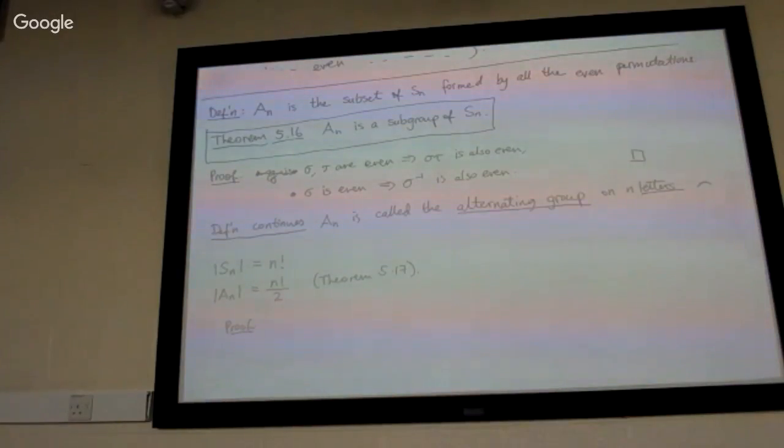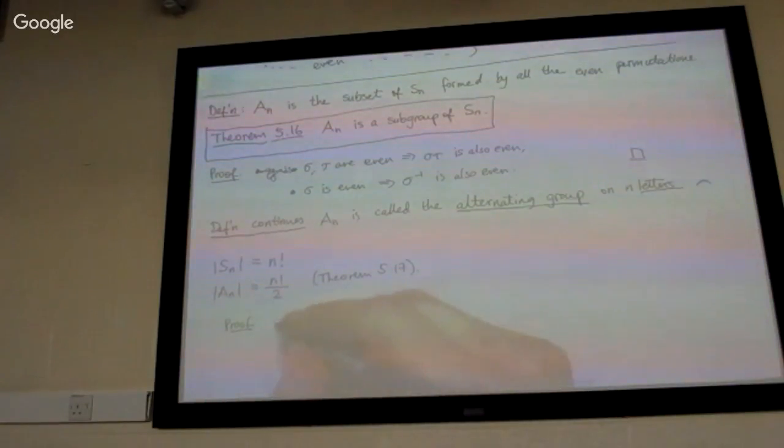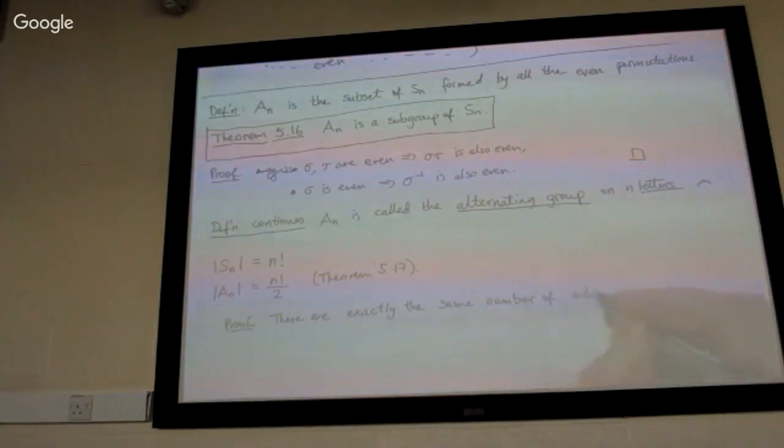So the proof is that there are exactly the same number of odd permutations in the symmetric group as there are even permutations.